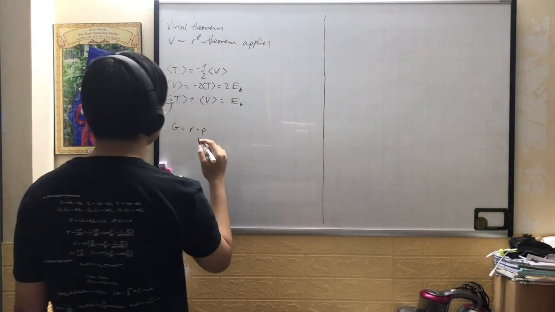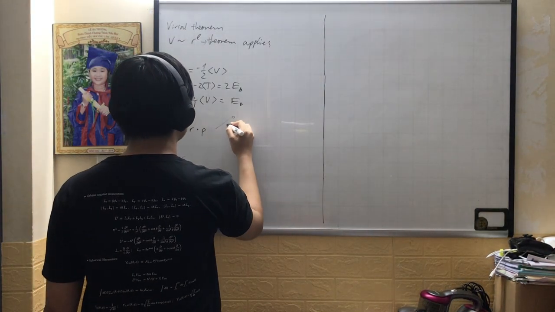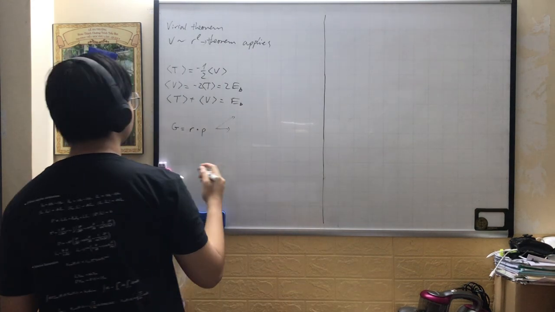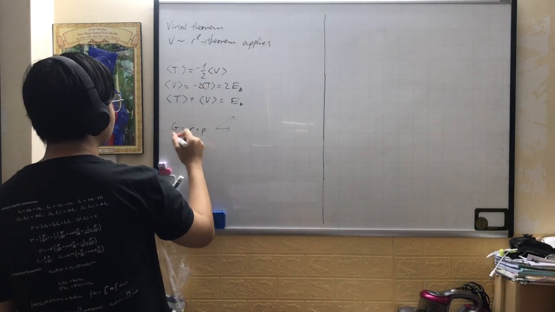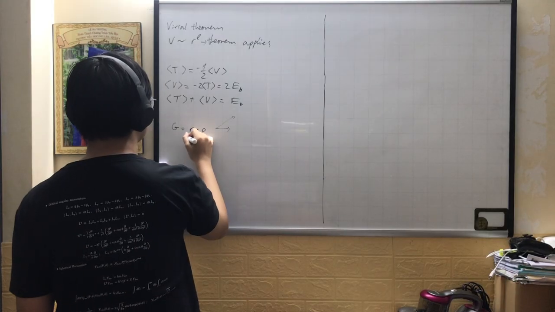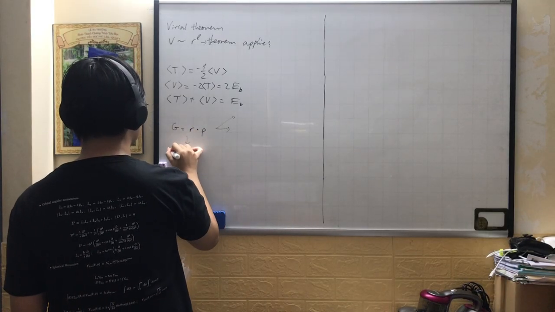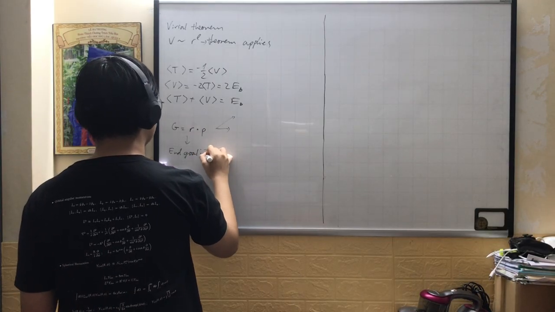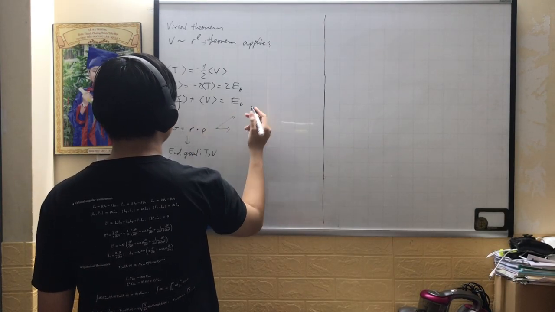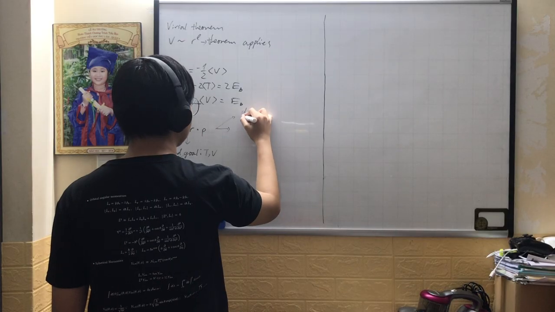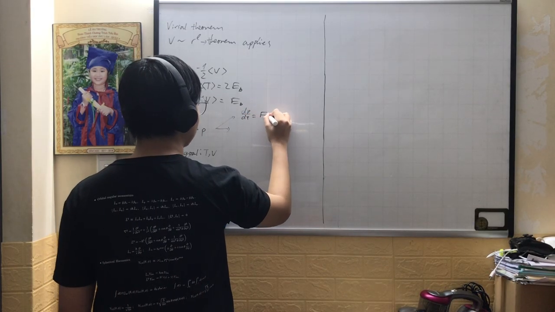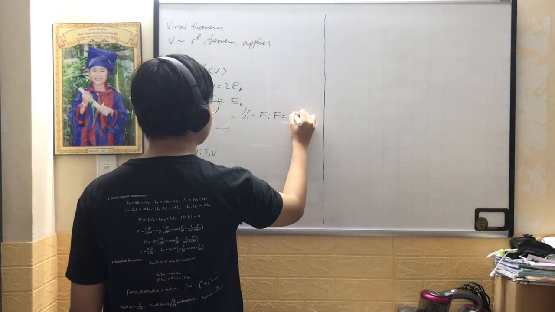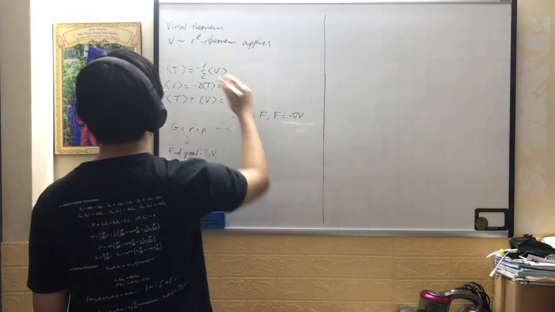So your end goal is T and V. What you can get here is dP/dt is equal to F, and F is equal to minus the gradient of V.